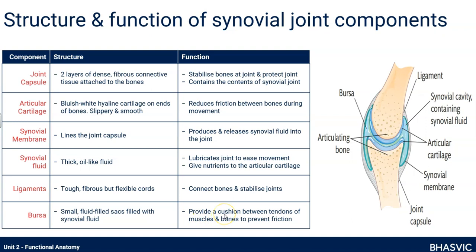It creates a little pad, a little cushion between two structures that might rub past each other. So when our knee moves a lot, if this was a knee joint, if there was a little bursa there, there would be a lot of movement and rubbing against the structures. So this bursa is a protective cushion to prevent friction.